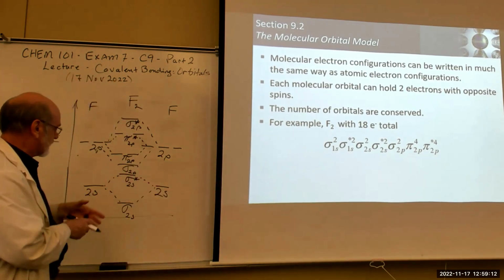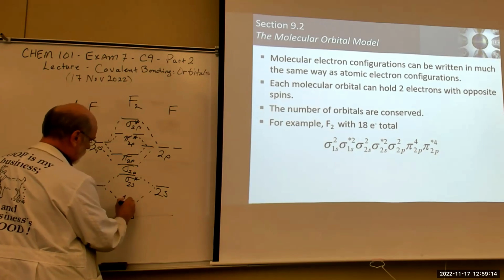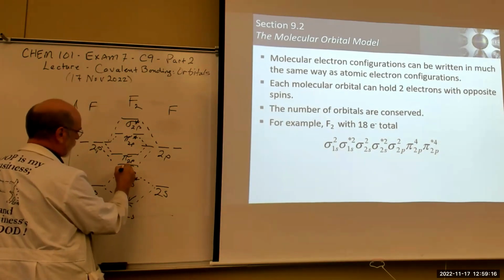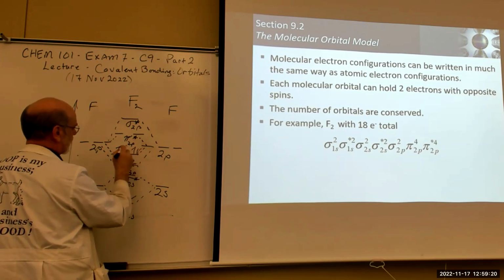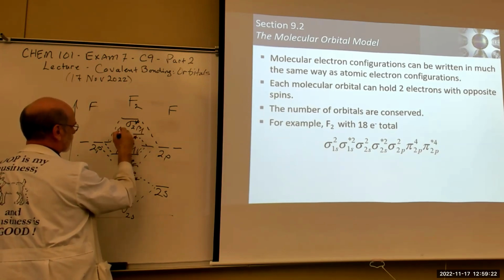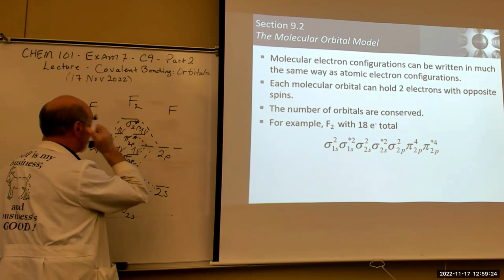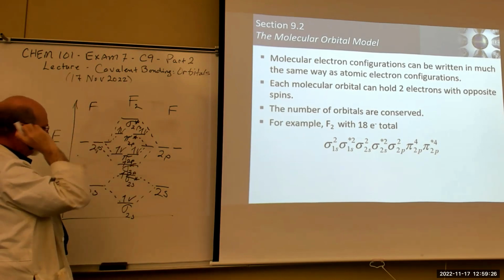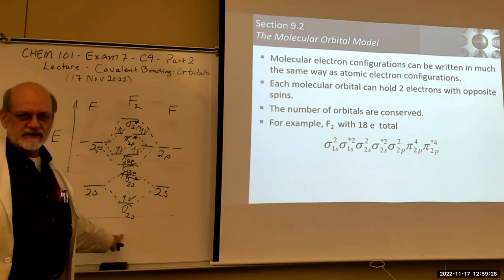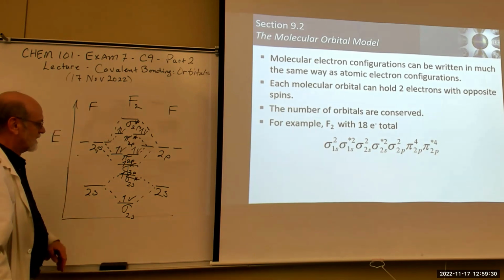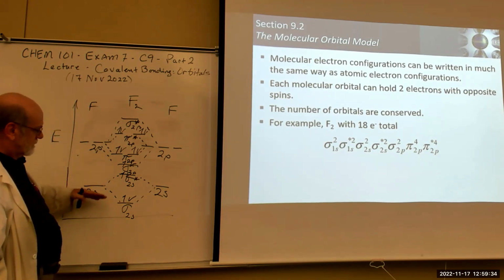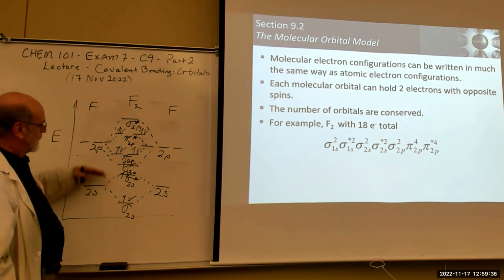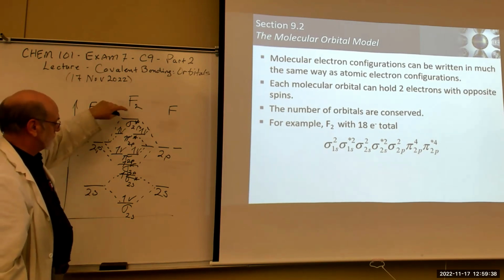They're only 18. So if we go 1, 2, 3, 4, 5, 6, 7, 8, 9, 10, 11, 12, 13, 14. Did I say 18? Oh, I don't have the 1s's down here. So those are all the 2 levels, the principal quantum number 2 levels, and there's nothing up here.